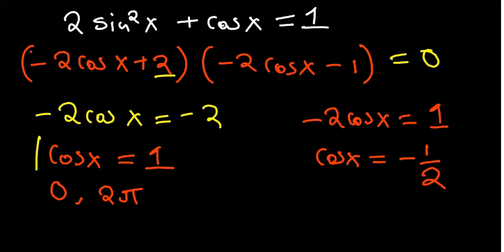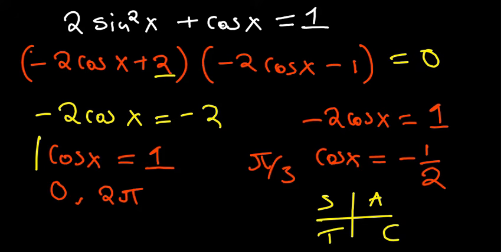Now pi over 3 is not a solution because this will give us a positive 1 over 2 if you take cos of that. So I want to find the quadrants where cos is negative. All students take coffee or calculus: it's in the second and the third quadrant. Second and third, sine and tan are positive, so cosine is negative in those two quadrants. One way will be subtracting from pi in the second and then adding to pi in the third.